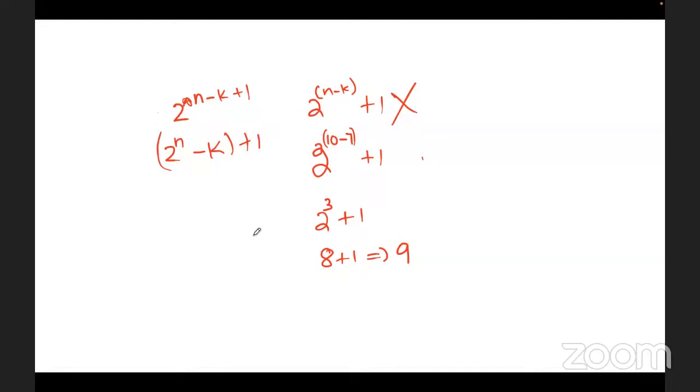But if the n value is 10 and k value is 10, this formula won't work. For n value 10 and k value 7, my answer should be 1, but here I got 9, so it won't work.